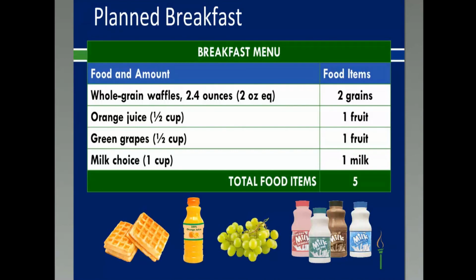Ensure that when you are ordering your grains at breakfast time, it is very common that some grains like muffins and bagels, if there are any added fruits or other ingredients, could cause the ounce equivalent of grains to come down.